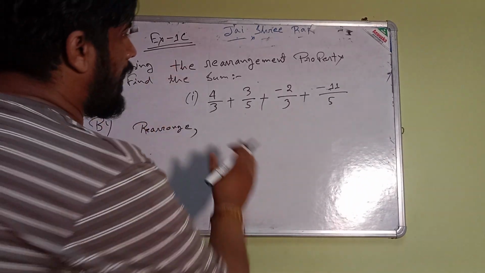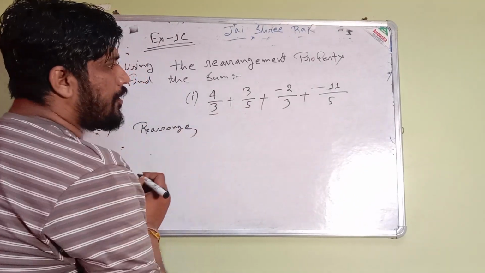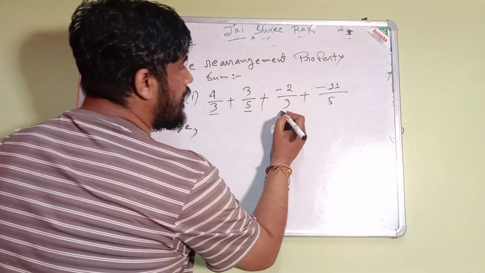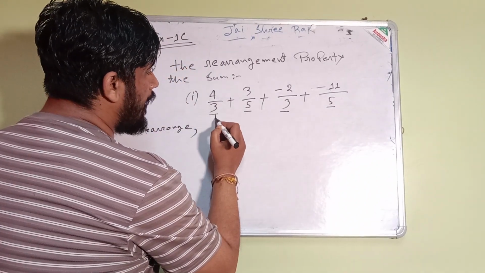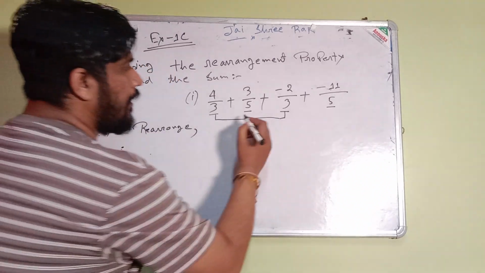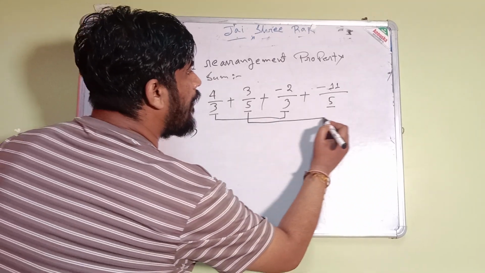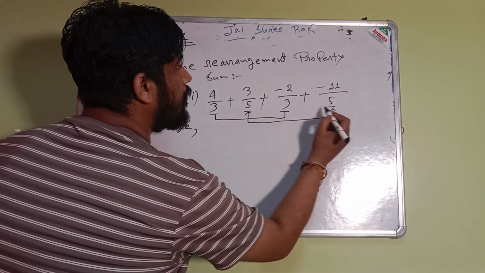We have to first rearrange the numbers. First of all, check it. Here the denominator is 3, here is 5, here is also 3, here is 5. So we do it in associative form with number 1 and number 3, as well as number 2 and the last one.